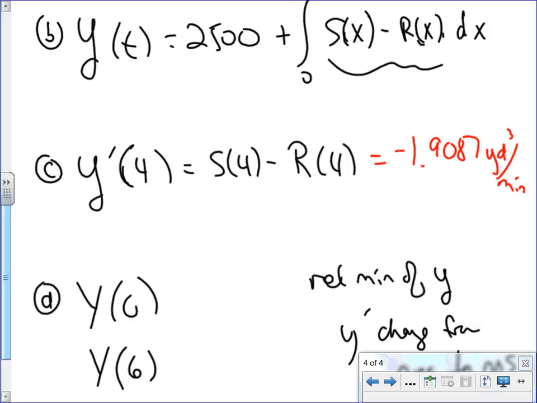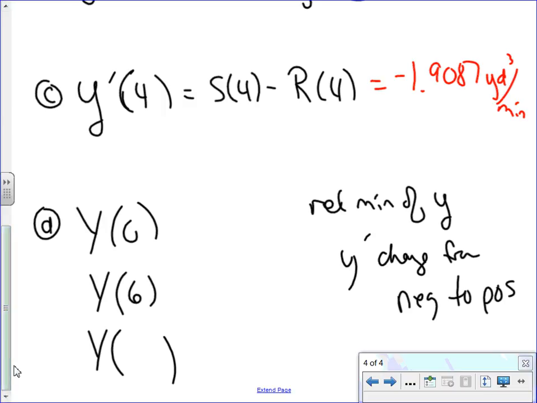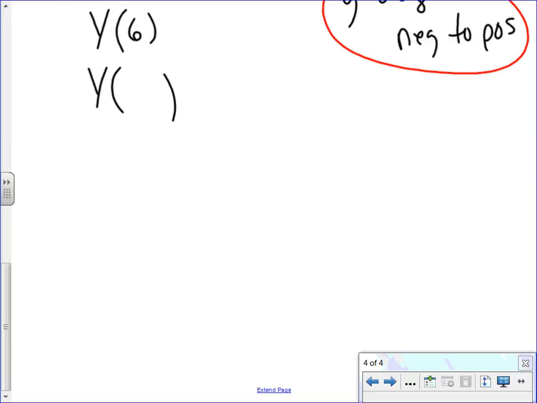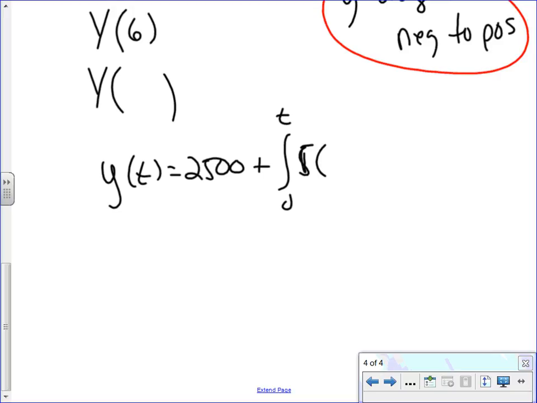So now the last thing we've got to do is figure this out. Okay. So I'm going to go back up and write this down again. Y is equal to 2,500 plus the integral from 0 to t of S of x minus R of x. I got that right? Okay, so what's y prime?